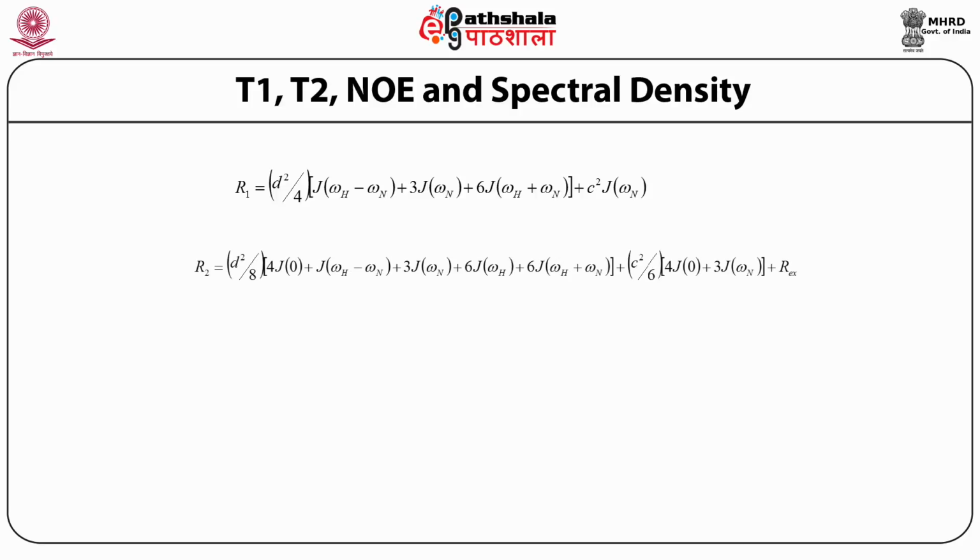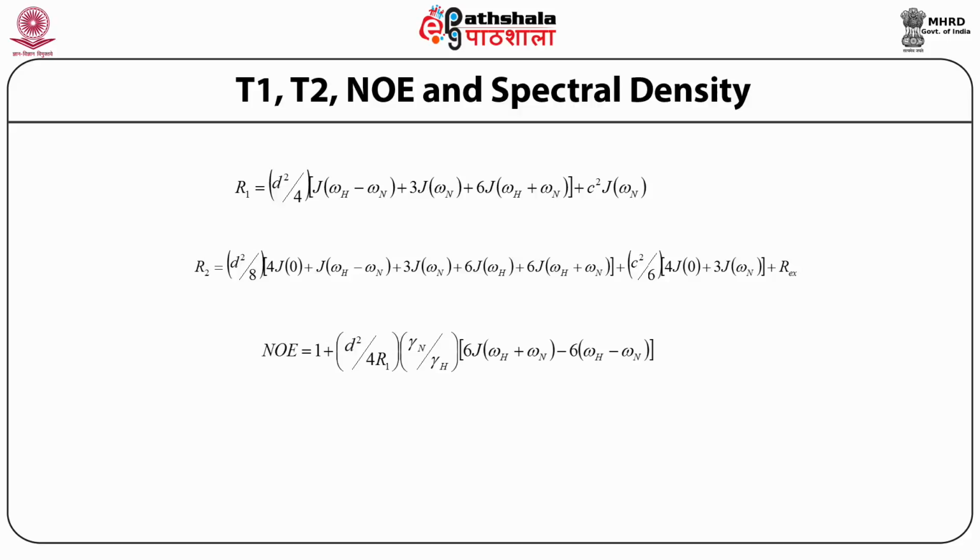Similarly, R2 is dependent on J at 0. The spectral density is given here as J. So J at 0, J at omega H minus omega N, J at omega N, J at omega H, J at omega H plus omega N, and that also has the REX component.